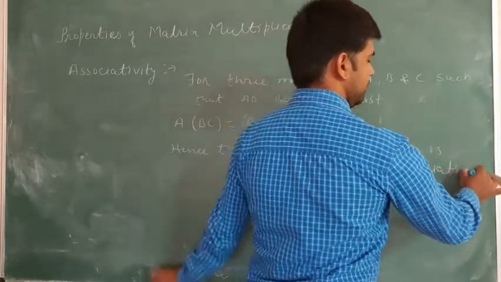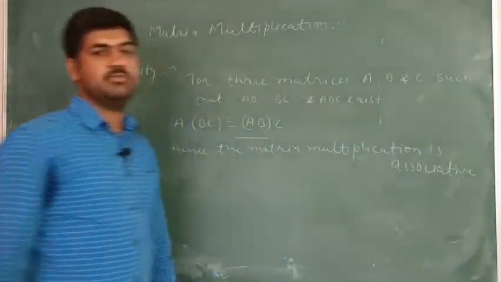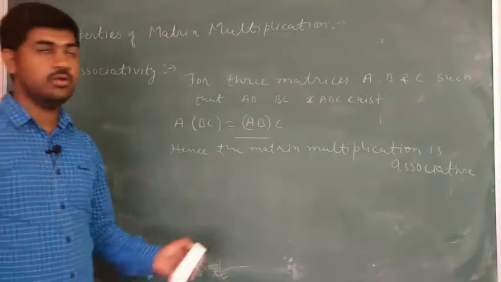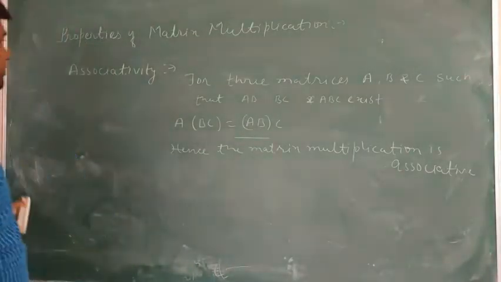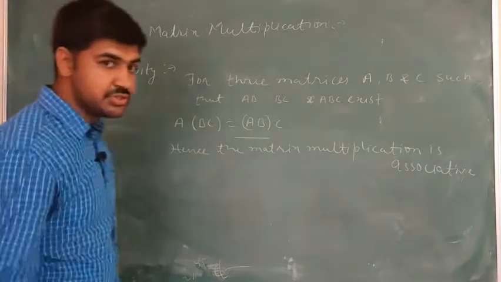So you have to keep in your mind that matrix multiplication is associative. Is it commutative? No, it's not commutative.